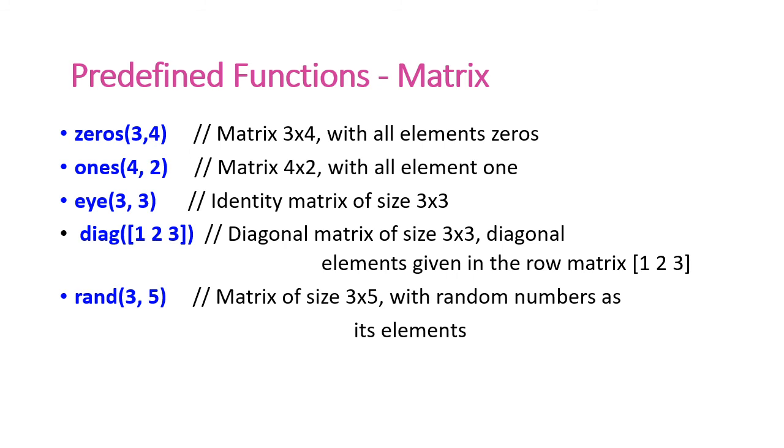If you want to display the identity matrix, then you need to specify the keyword eye, I of 3, 3. So it displays the identity matrix of size 3 cross 3. The diagonal values will be displayed using diag, and if you want to generate random numbers, rand of 3, 5.